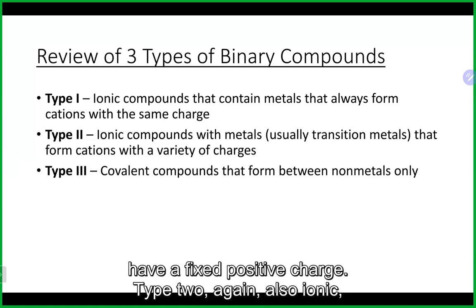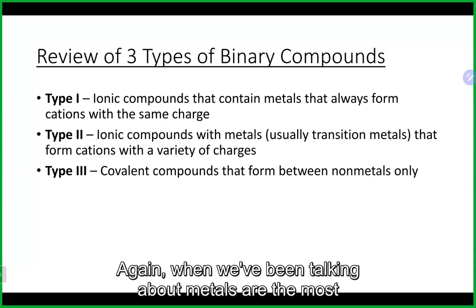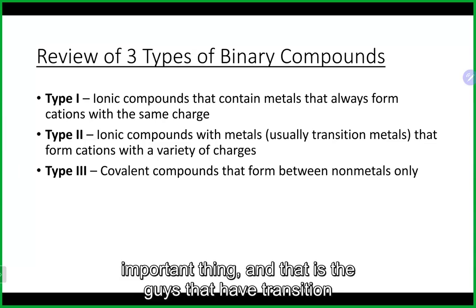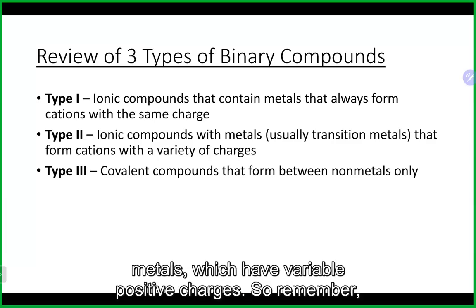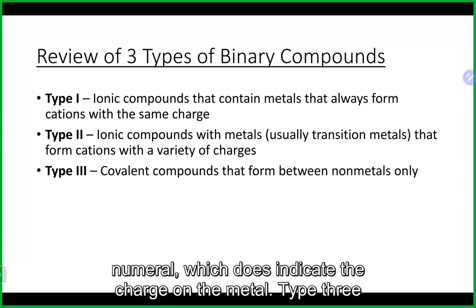Type 2, again, also ionic, which means we have transfer of electrons and we have ions. Again, when we've been talking about metals are the most important thing. And that is the guys that have transition metals, which have variable positive charges. So remember, the additional thing that you need to do is use a Roman numeral, which does indicate the charge on the metal.